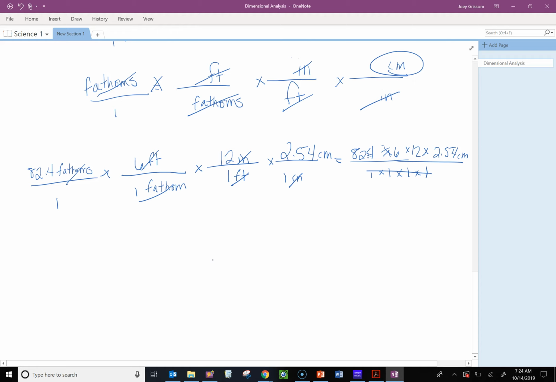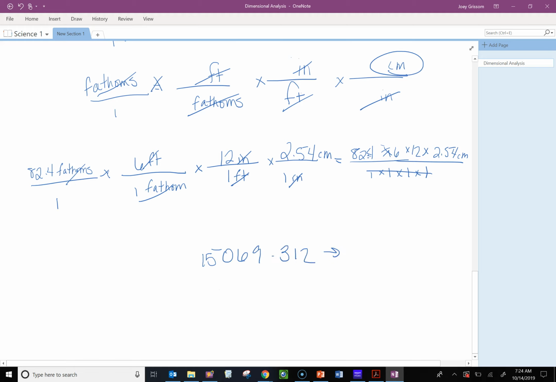So if I multiply everything together, calculator break, I get a pretty big number, which is 15069.312.